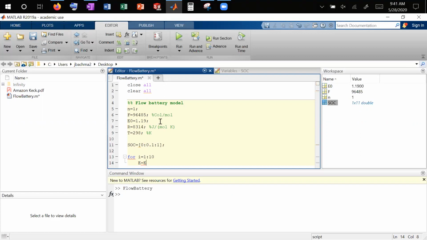So E is going to be equal to E naught plus, and in electrochemistry, you're going to see this R times T divided by N times F all the time. It's just a really common constant because of the Nernst equation here.